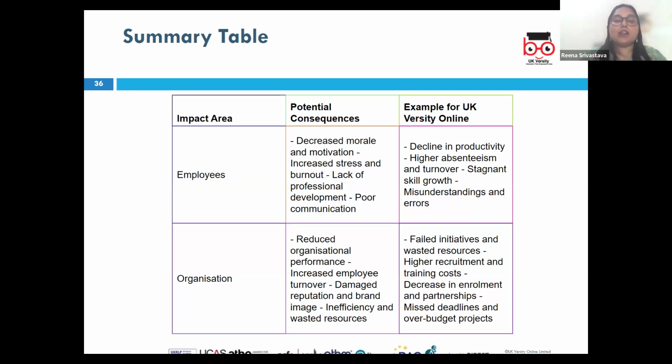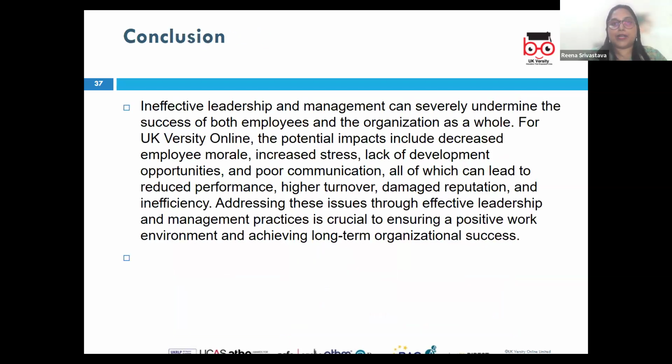Ineffective management undermines the organization's ability to achieve its goals and maintain a competitive edge. This highlights the importance of strong and supportive leadership, which is important for long-term success and employee satisfaction.